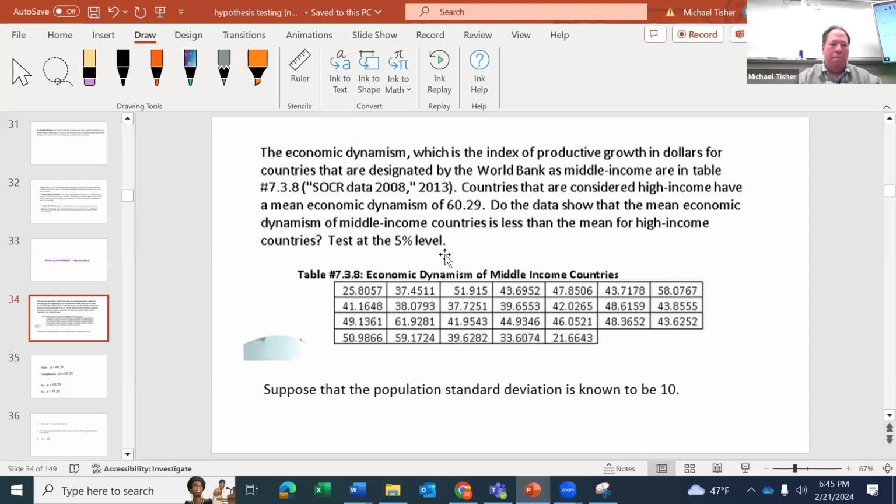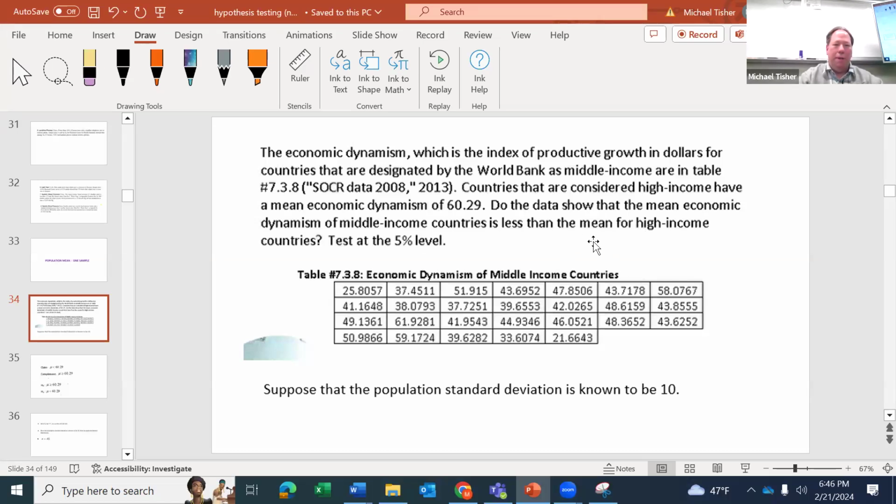Now, I'm using the hypothesis testing PowerPoint that's in the insights discussion, so you can download that and follow along. This talks about economic dynamism, and here I'm claiming that the economic dynamism of middle-income countries is less than the mean for high-income countries.